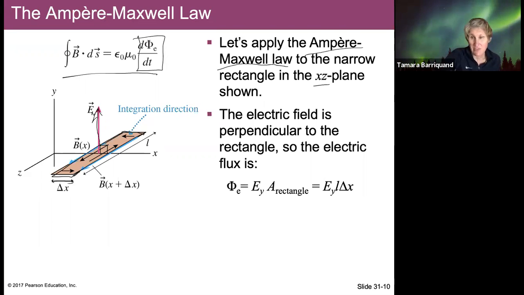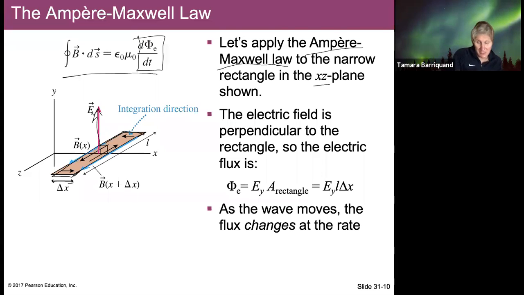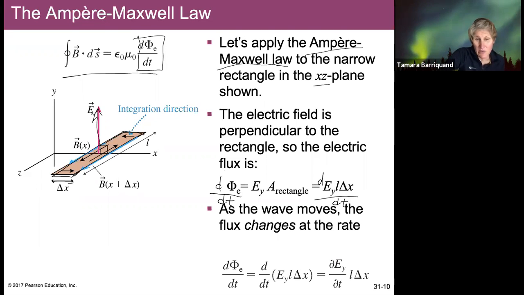So it will be equal to E_y L Δx. Now, as the wave moves, the flux changes, right? So we have to take the time derivative again. When we take the time derivative of the flux, that gives us d/dt of E_y L Δx, which will of course be just the partial of E_y with respect to time, L Δx.